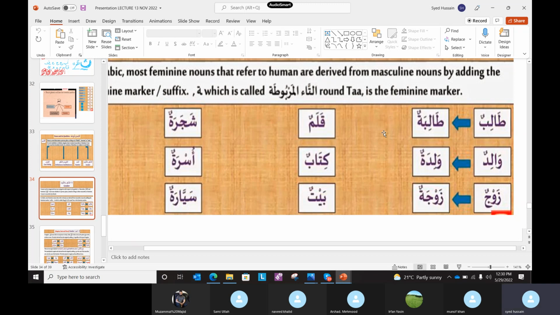So taliba. That's why even if you are reading in Quran any ayah which is ending with ta marbuta, you can give a sound of ha. So talibun, taliba, but actually it's talibatun.